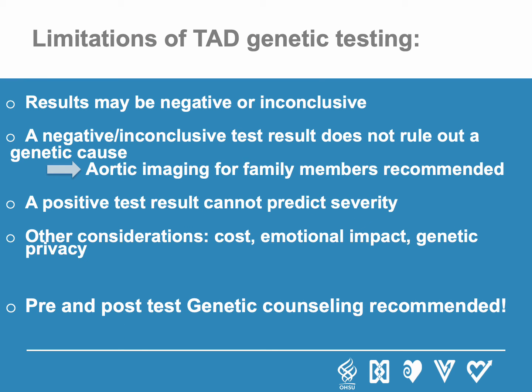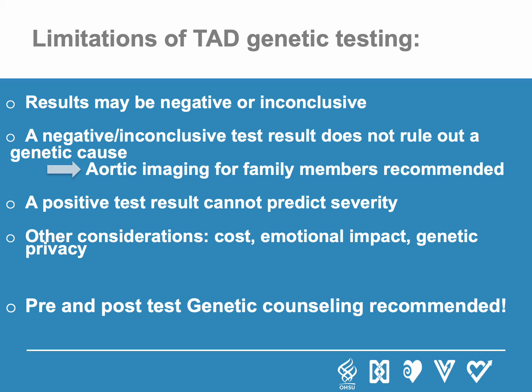There are some important limitations to aortopathy genetic testing. Test results can be negative or inconclusive, and such results do not necessarily rule out a genetic cause or risk for relatives, as we expect that additional aortopathy genes are likely to be identified in the future that we don't know of yet.